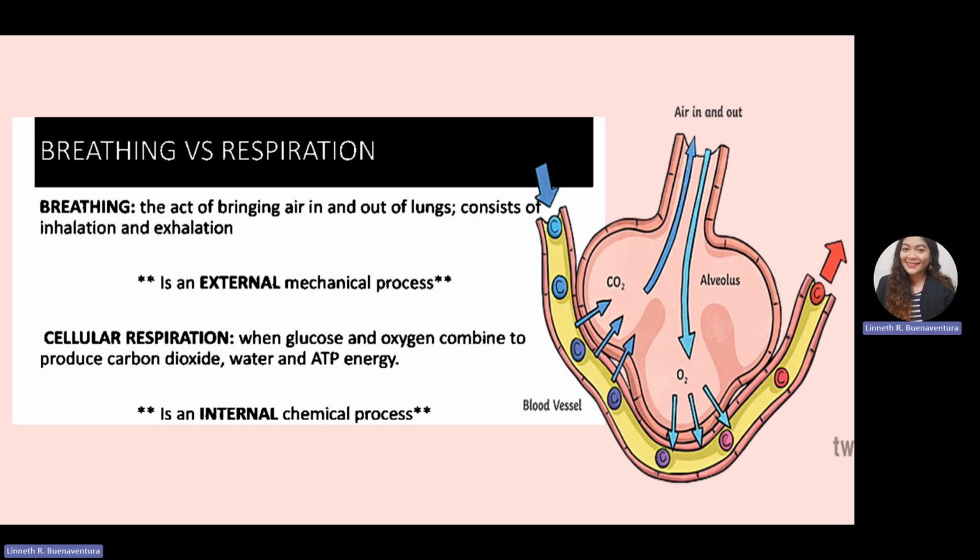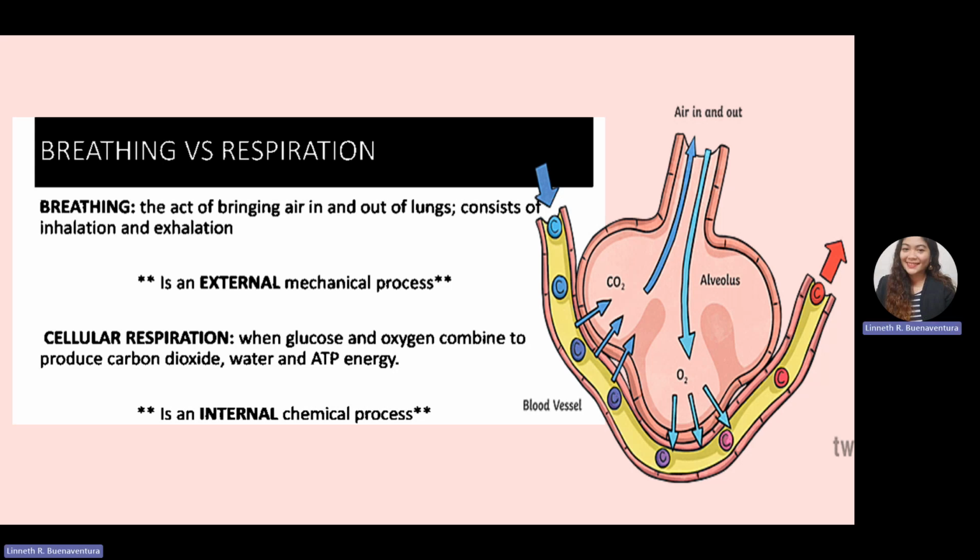Breathing versus respiration. What is the difference? Breathing is the act of bringing air in and out of the lungs. It consists of inhalation and exhalation. It is known as the external mechanical process of acquiring air and releasing air molecules or waste product.